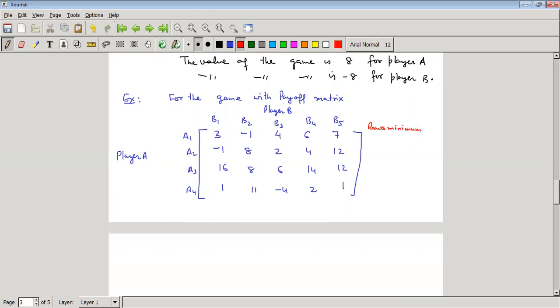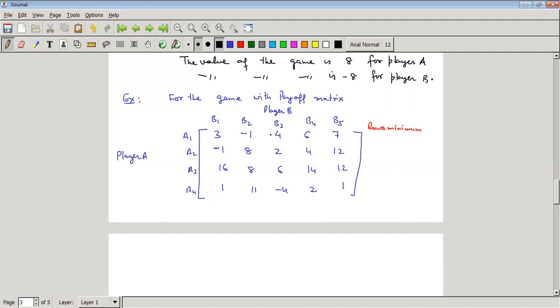For the rows minimum, either you use a circle to encircle the minimum element of the row, or you find the minimum element of the row and write it on the right side of the given row, right?